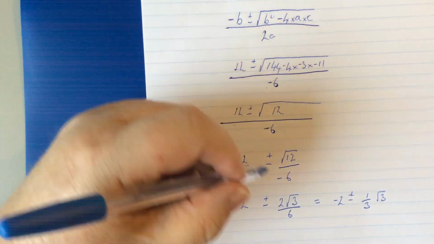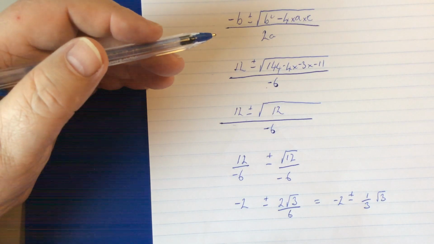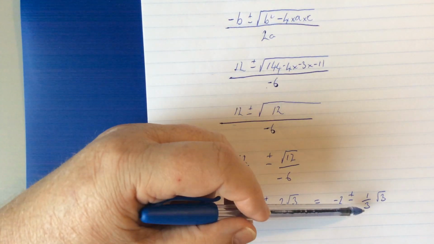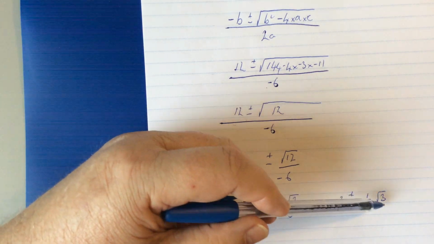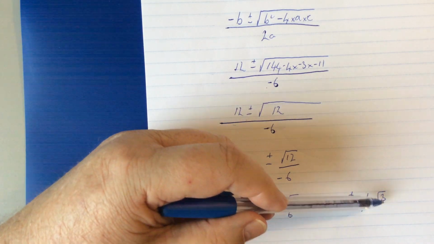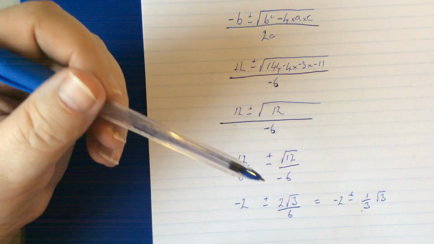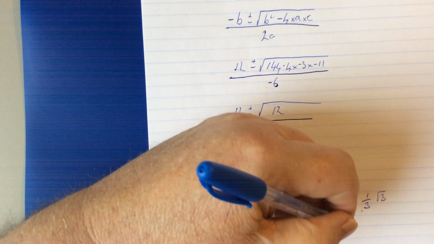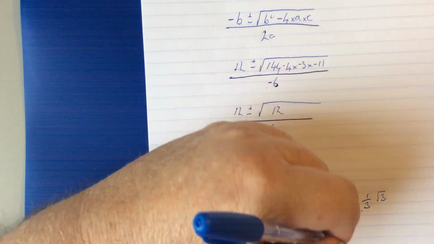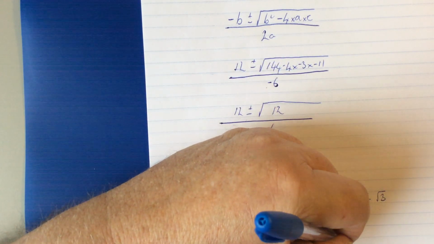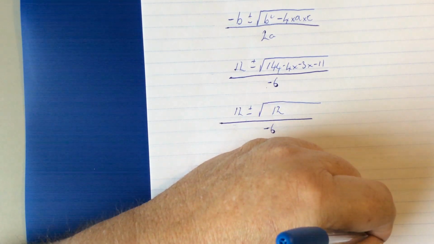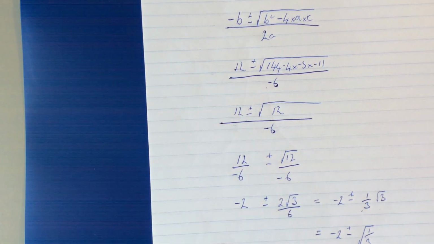Now I'm going to simplify this a little bit more. Another way of putting this is 1 times root 3 on 3, or root 3 on 3, which is a rationalized form of the following: negative 2 plus or minus the square root of 1 on 3. And that is our answer.